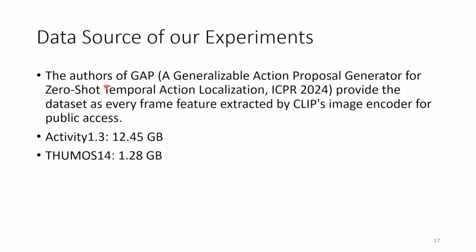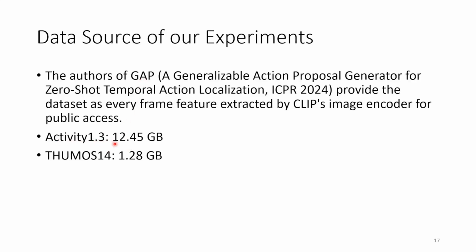Let me tell you the reason. As I mentioned, our paper is a modification based on GAP. So this is the GAP. The authors of GAP provide a pre-extracted dataset using the CLIP video encoder on the two datasets, and they generate the files.